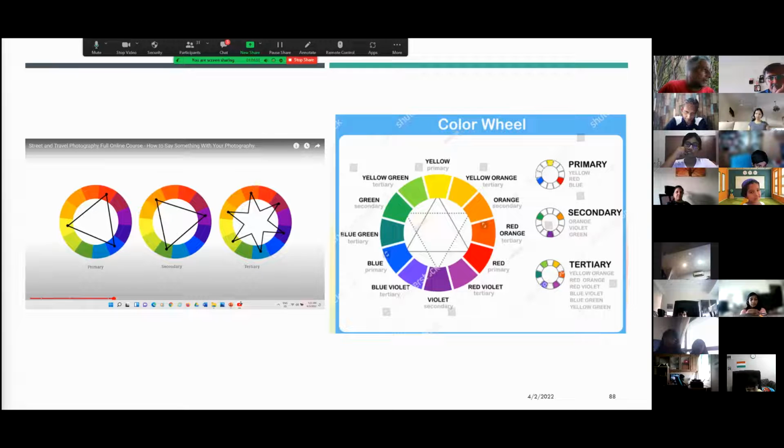The secondary colors are made when we mix, say, for example, blue and yellow, we get green. And when you mix yellow and red, you get orange. When you mix blue and red, you get purple. That's called secondary colors. Likewise, when you mix one secondary color with a primary color, you get a tertiary color.